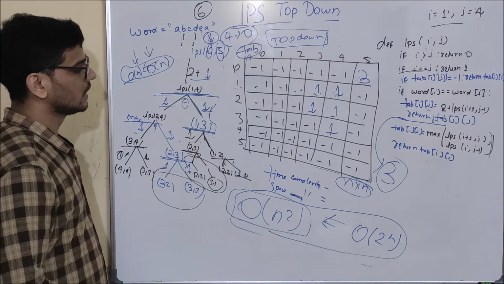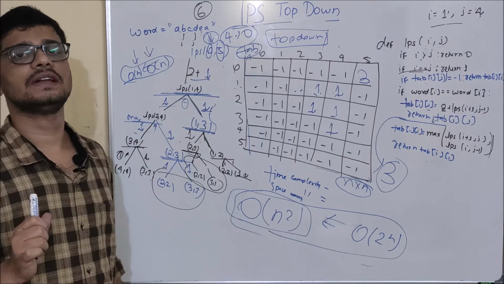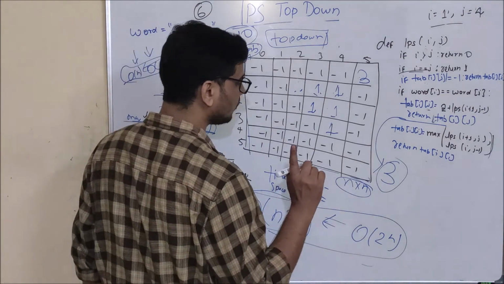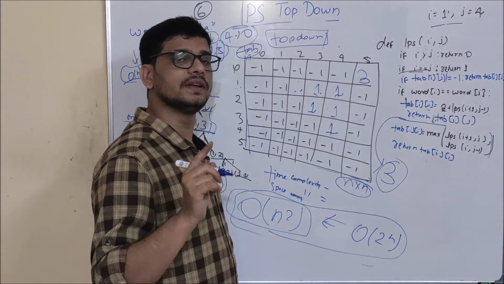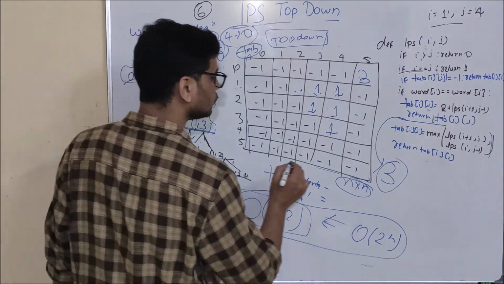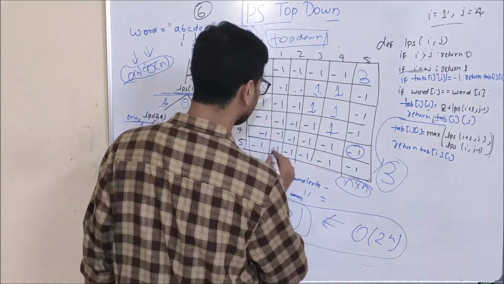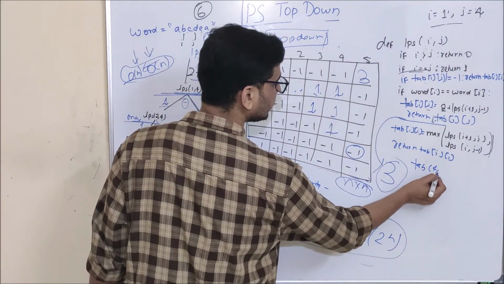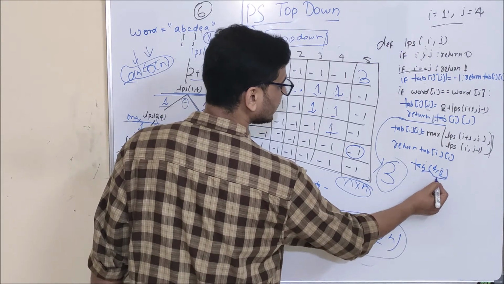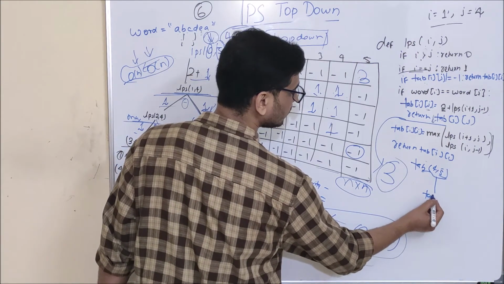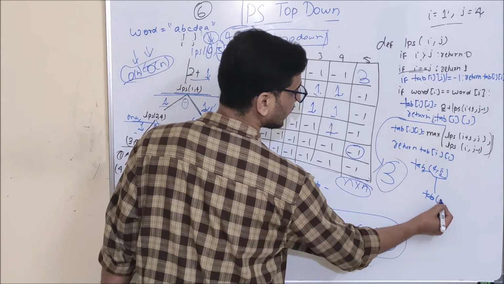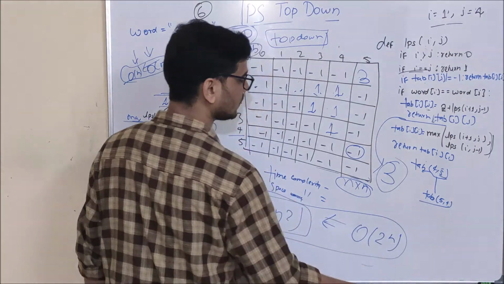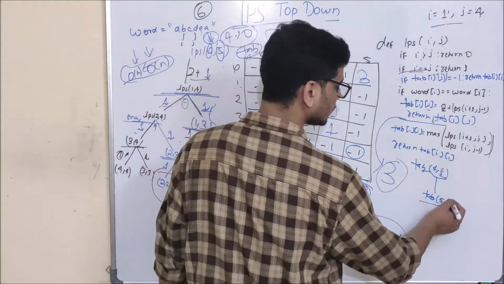And one more thing, can we minimize this table complexity? Yes, we can. How? I will explain this in the next video on bottom up in detail, but I will give you a hint here. Suppose I am at this particular cell, that is, I am calculating tab of 4, 5. If the characters are equal, then I will call tab of 5, 4. I am just taking a rough example.